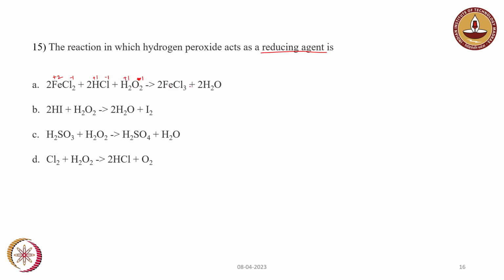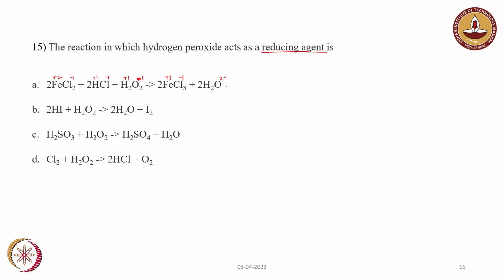So in FeCl3, iron will be in +3 state because chlorine is in -1, but 3 chlorine is present, so 3 minus. So to compensate that, Fe should be +3. And here oxygen is in 2 minus state. So oxygen from -1 it went to 2 minus.